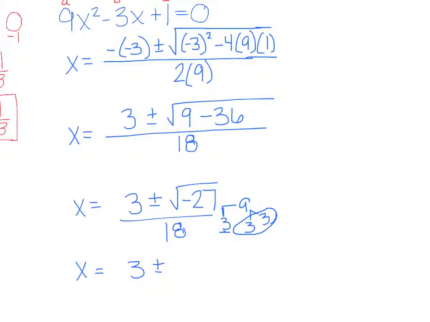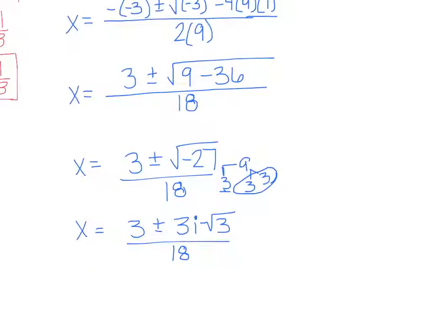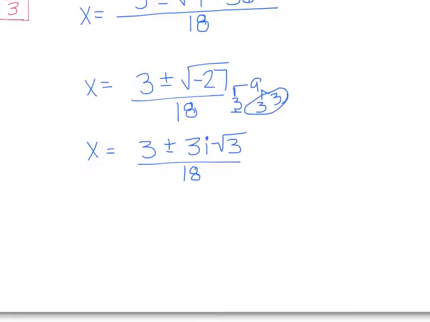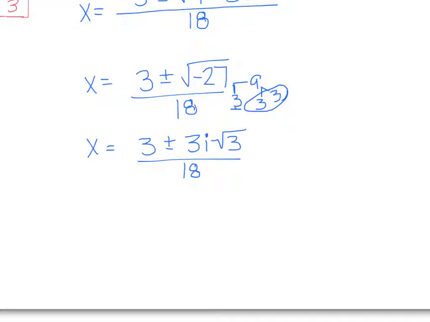3 plus or minus 3 square root of 3 over 18. Did I forget something? Where did the i come from? The negative inside the square root. So right here is where you put your i. One last step is to reduce. What's 3 over 18 reduced to? 1 over 6.